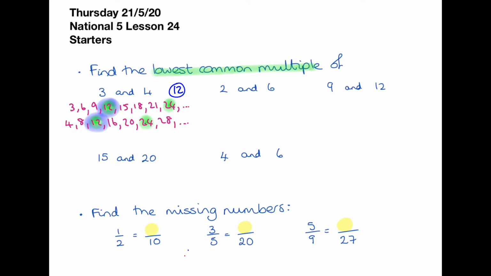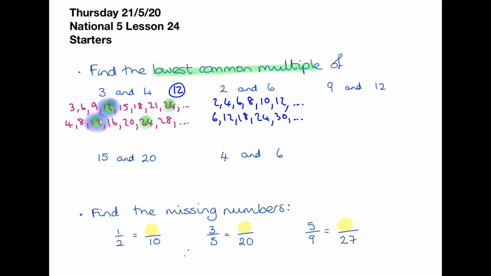Okay, so we need to do the same thing now for the other ones. If we think about 2 and 6, think about the times tables. 2, 4, 6, 8, 10, 12 and so on. 6 is 6, 12, 18, 24, 30 and so on. And the common multiples are the ones that are in both lists.